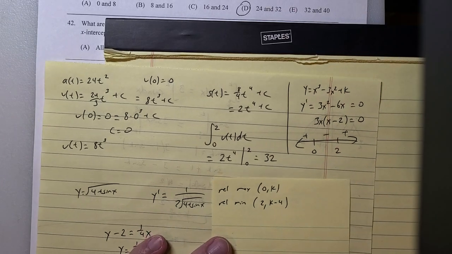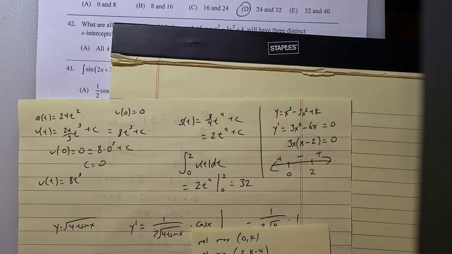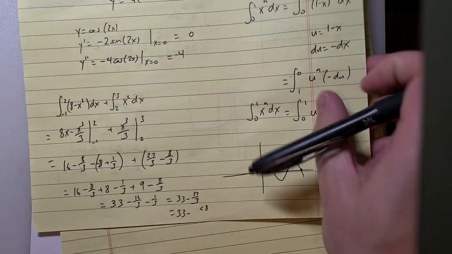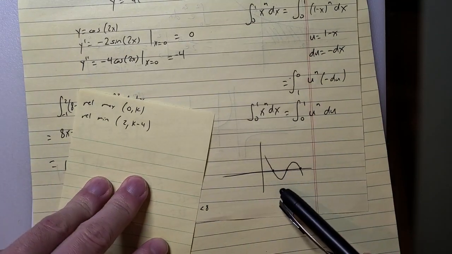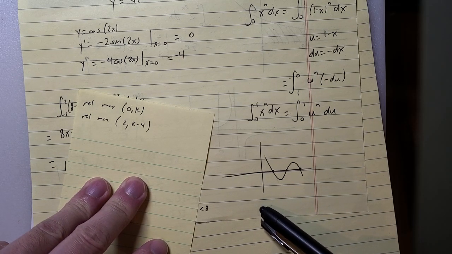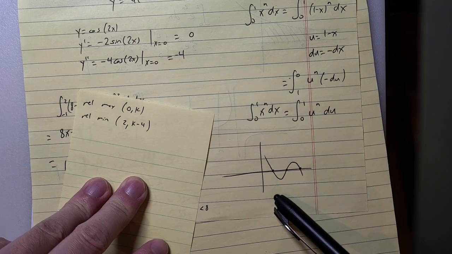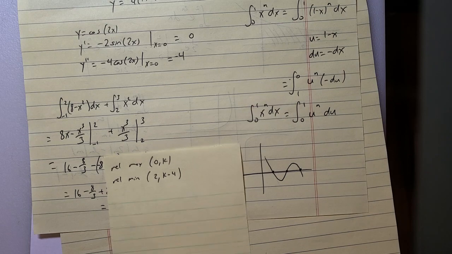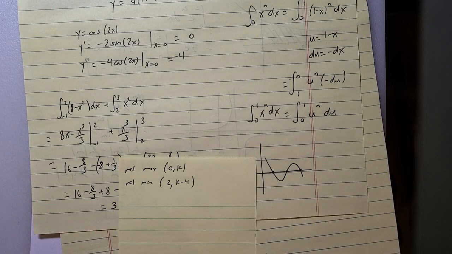Okay, so this is a more conceptual problem. As I was saying, it has to change sign 3 times. So we want to put the max and min on opposite sides, basically, okay?